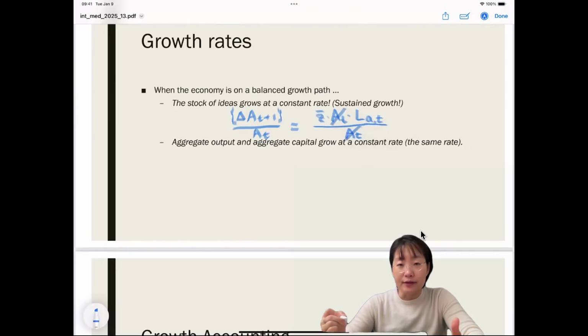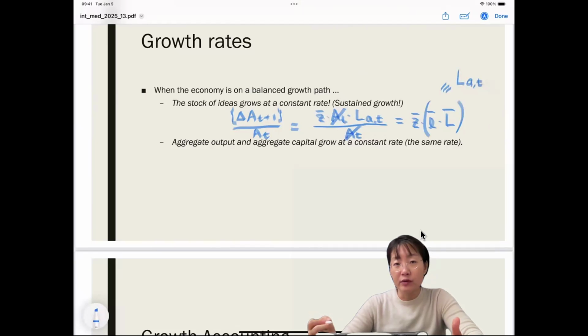Then this cancels out and we have z times little l times capital L. So little l times capital L was the allocation of researchers over time, which was assumed as constant.